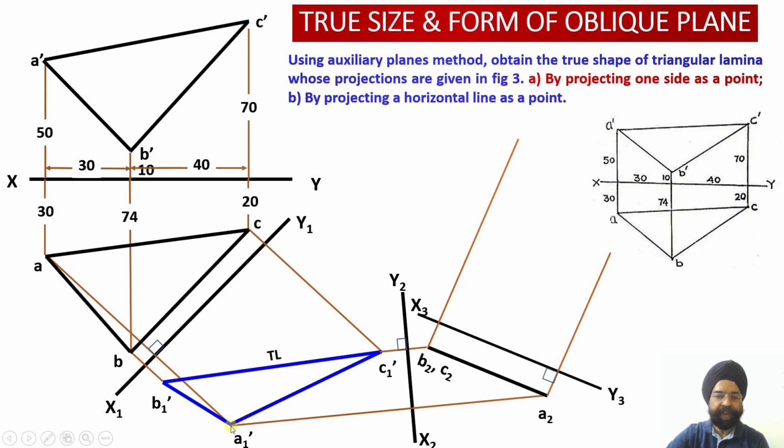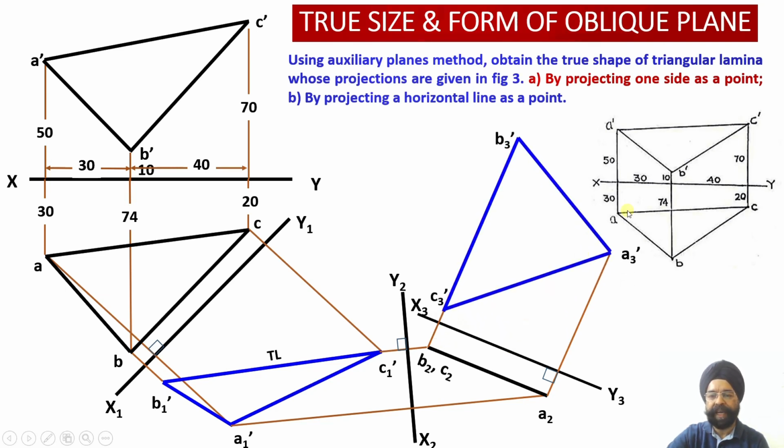Similarly, I will measure the distance of A1 dash from the second auxiliary plane x2 y2, and mark this distance from the third auxiliary plane. After marking these distances, you can see the distance of end C is this much, the distance of end B is this much, this is end B, and the distance of end A, A1 dash to x2 y2, is equal to A3 dash to y3.